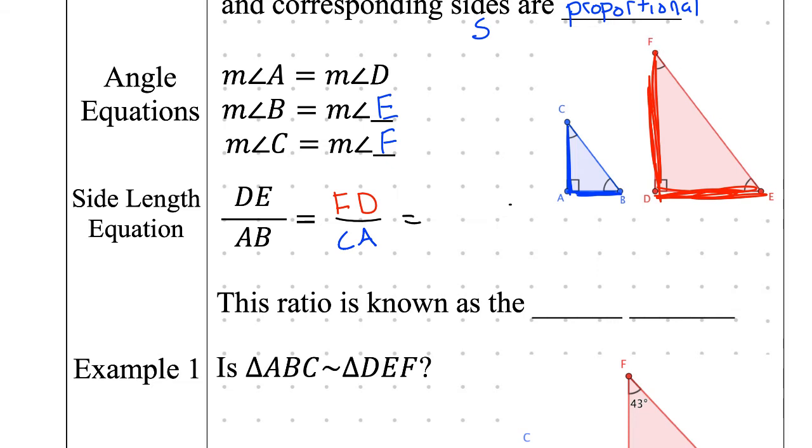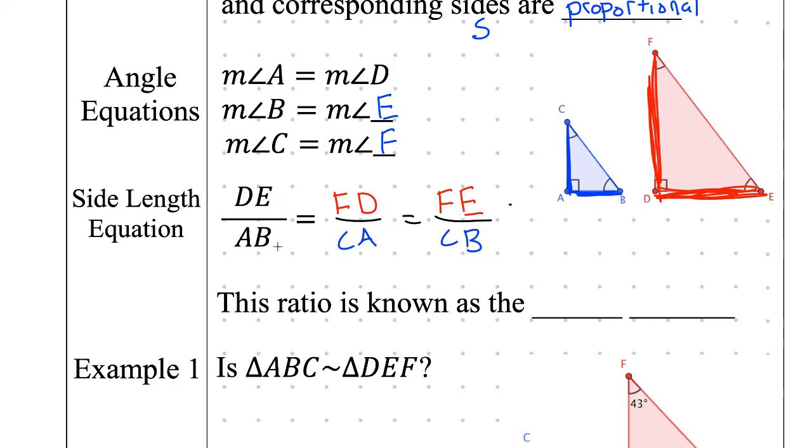If I do FE over CB, the ratio of that hypotenuse, the big hypotenuse over the small hypotenuse, should be the same as all these other ones. As long as you're talking about the corresponding parts, meaning this hypotenuse and this hypotenuse, and make it into a ratio, then you're doing this correctly. And again, all of these ratios need to be the same ratio.